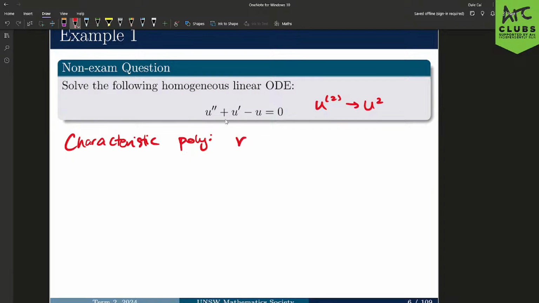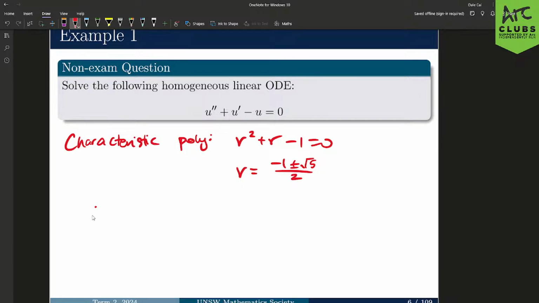What you'll get is r squared plus r minus 1 equals 0. And then we want to solve this. You have to solve it with the quadratic formula: minus 1 plus or minus root 5 over 2. These are our two roots.